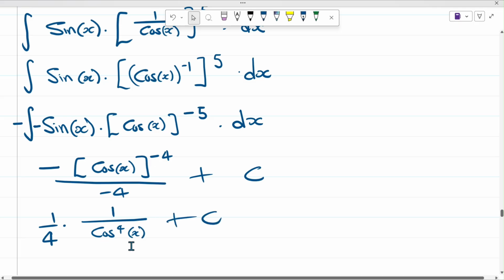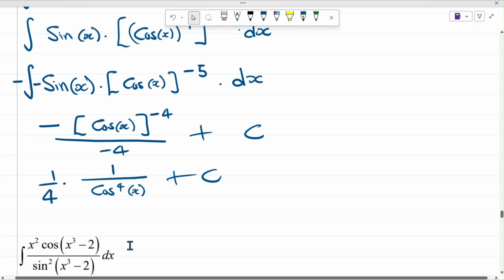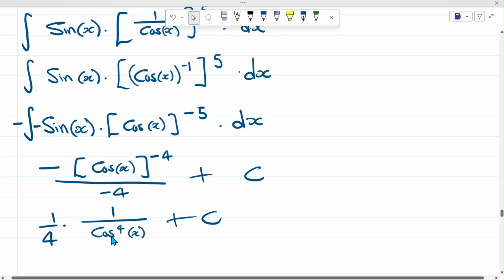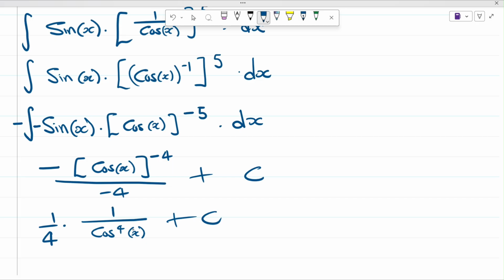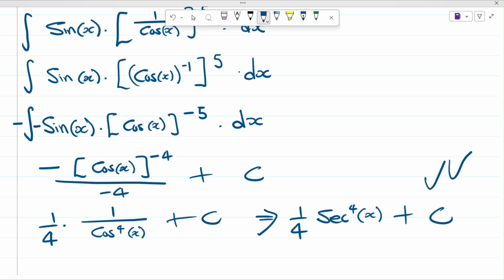And then 1 over cos is equivalent to sec, right, in terms of reciprocals. So that's going to be 1/4 sec 4 of x plus c. Then ta-da, you have your answer.